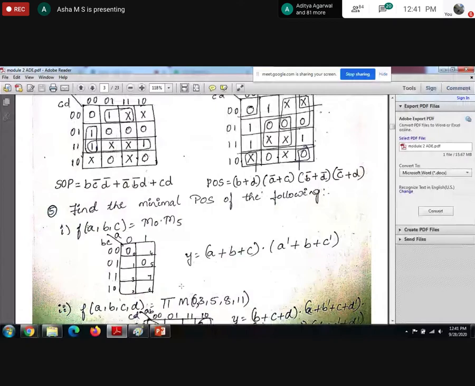This also you take as homework. F of ABCD equals pi small m of 0, 3, 5, 8, 11. Don't write down the answers.